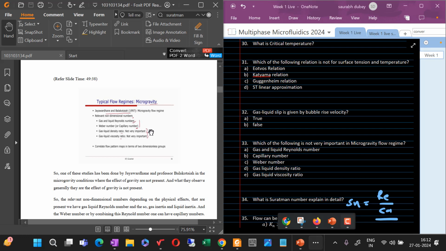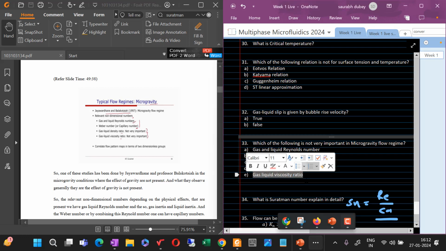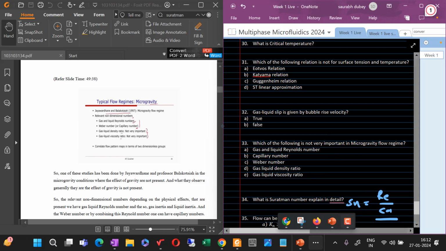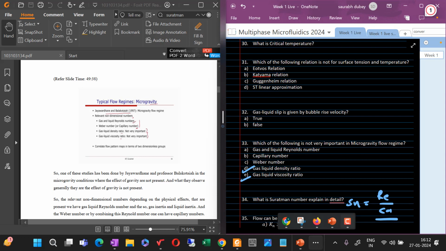In the case of microgravity, the gas and liquid Reynolds numbers, the capillary number and the Weber number will be important. And the density ratio, and the viscosity ratio if two fluids are there, like oil and water, the viscosity of oil to the viscosity of water, will not have much effect. So D and E are the correct answer here, taken directly from the slide.